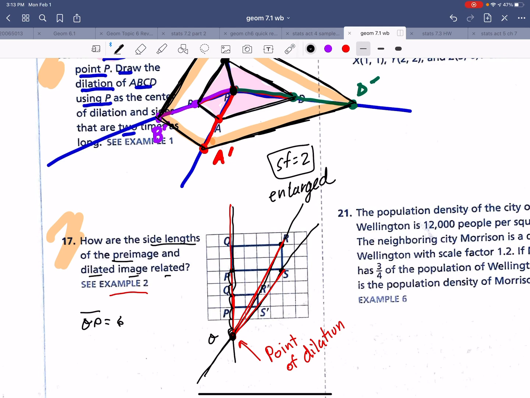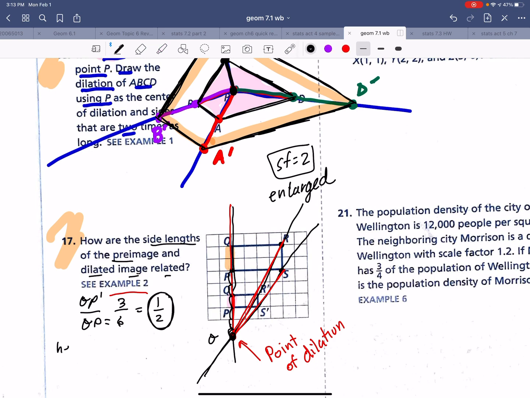And OP prime looks like it's about 3. So it looks like the scale factor here is 1/2. We'll also notice that affects our side length. So our pre-image was 2. Now our image is 1. So that makes sense, the scale factor.